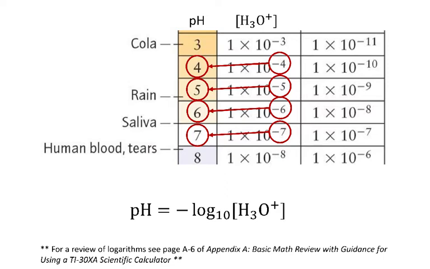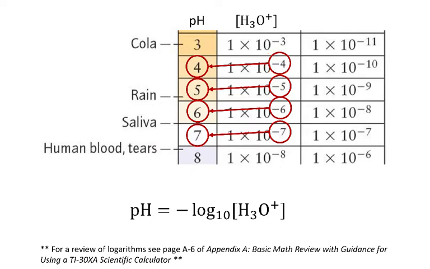So the pH value is equal to the exponent in the H3O+ concentration, but it's a positive value, right? These are all small concentrations. pHs are all positive values, so the 4 in the exponent becomes a pH of 4.